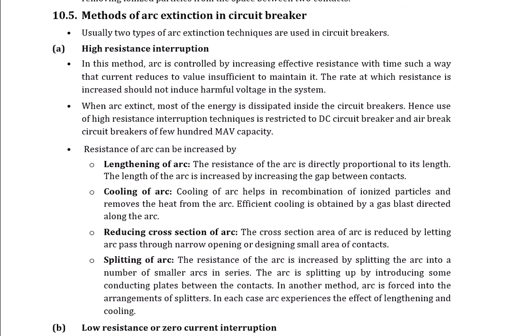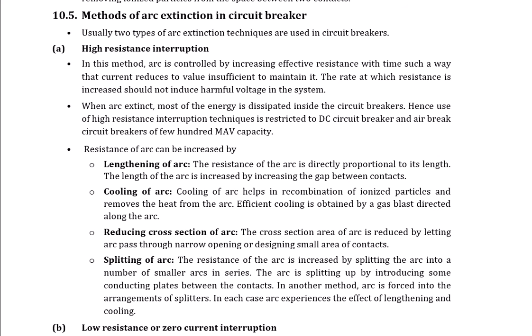So we have to make such an arrangement in a circuit breaker that cools the arc. Efficient cooling is obtained by a gas blast directed along the arc. We will see how we can achieve this.